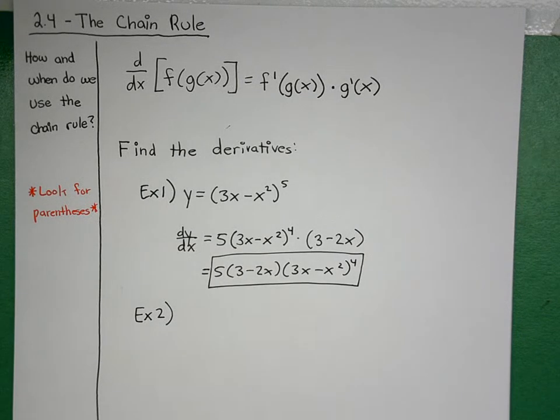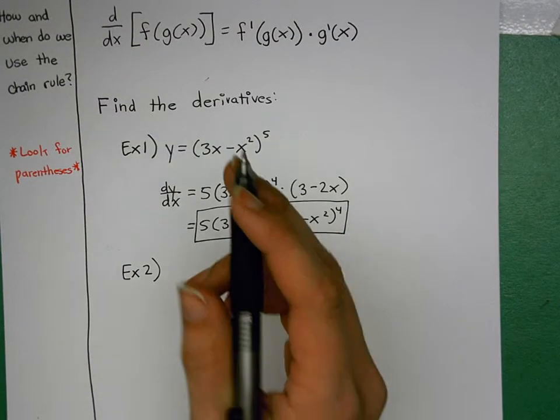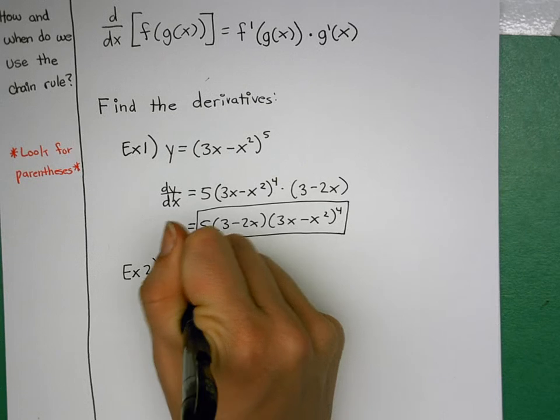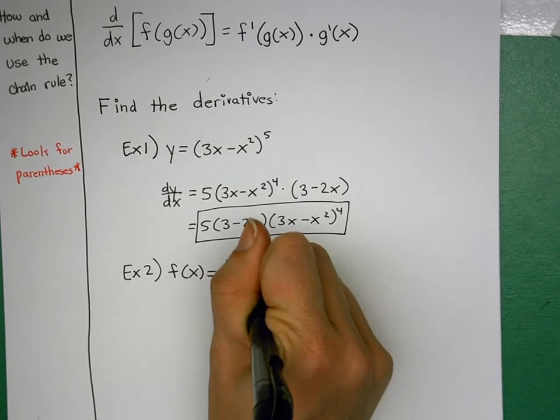That way you're starting to get a gauge as to what you're understanding, what you aren't understanding, so that when you do come back to class, you have specific questions you are prepared to ask. Like, every time I did an example, I kept getting stuck at this point, or whatever the case may be. Right? But if you want to follow along for one more example, that's fine. Or you could pause now if you'd rather. We have f of x equals the square root of 2x plus 1.